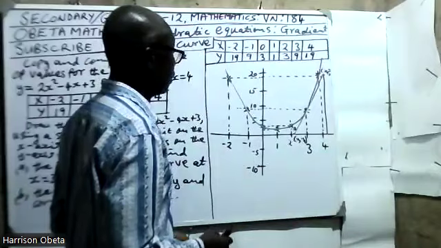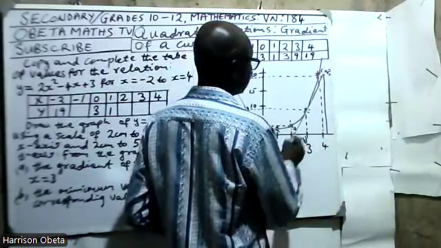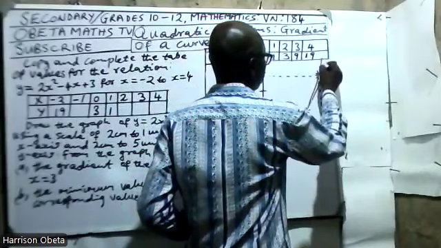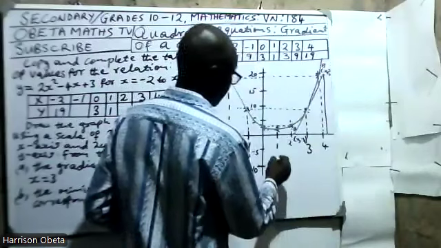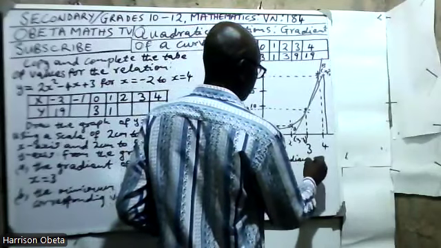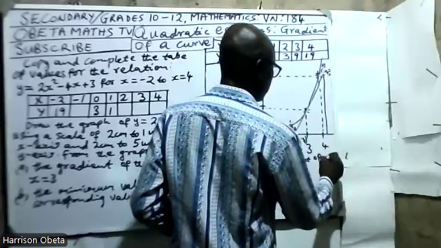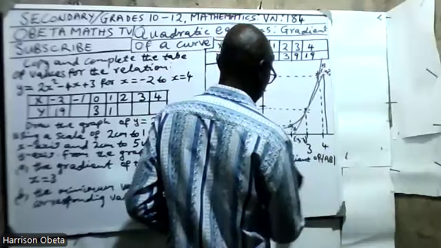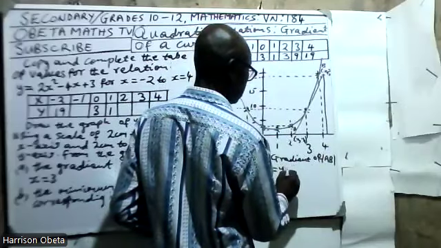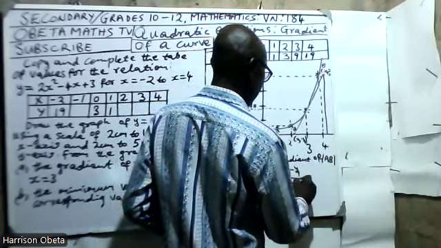Because to find the gradient, let me call this A, let me call this the end point B. So I can say that the gradient of AB is equal to y2 minus y1 all over x2 minus x1.